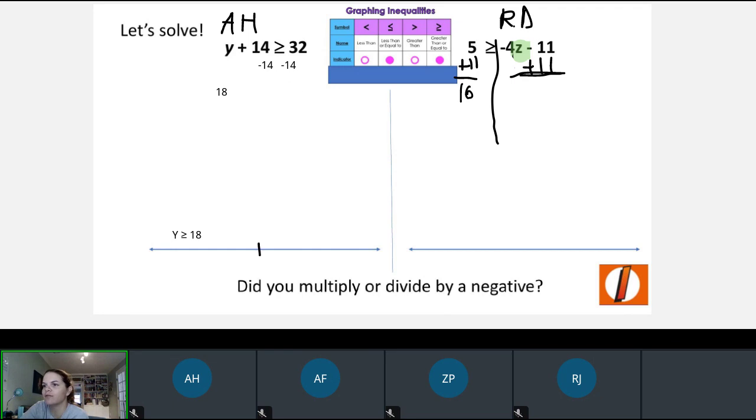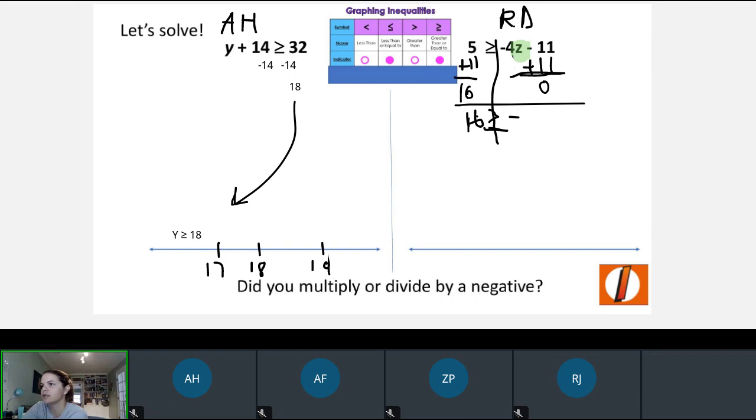And then don't forget to graph your solution at the bottom so I can kind of help you get started. Yep, so I see your solution that you wrote out. That's perfect. But now I want you to graph it. Yeah, good. Okay, good, Richard. So you'll get 16 is greater than or equal to negative 4 times z. So what's going to be your next step?